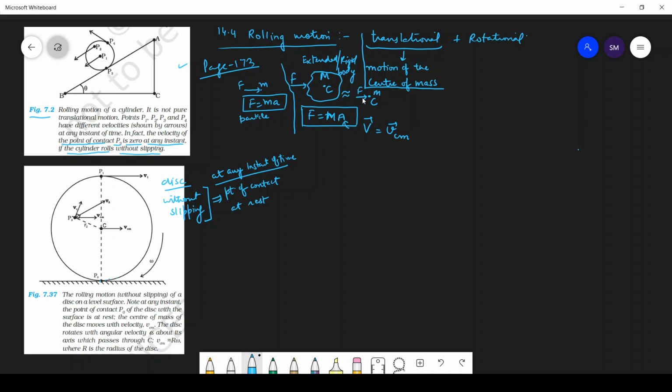So if you look at the definition of center of mass, written in your book, it is on page 178. The center of mass of a system of particles moves.